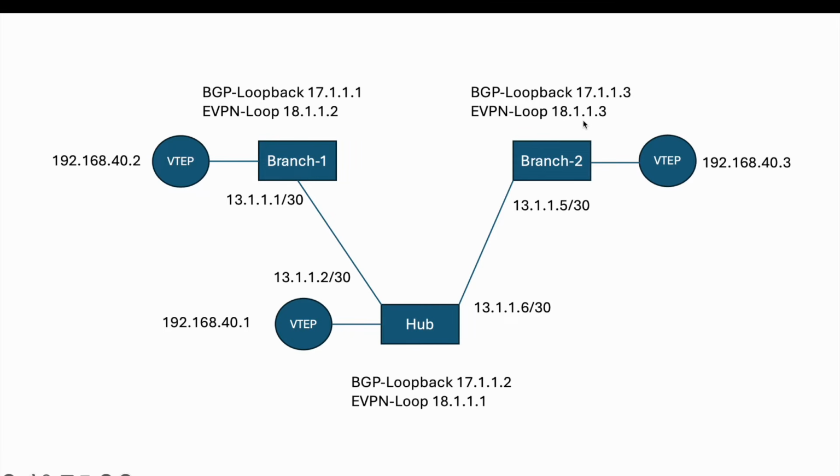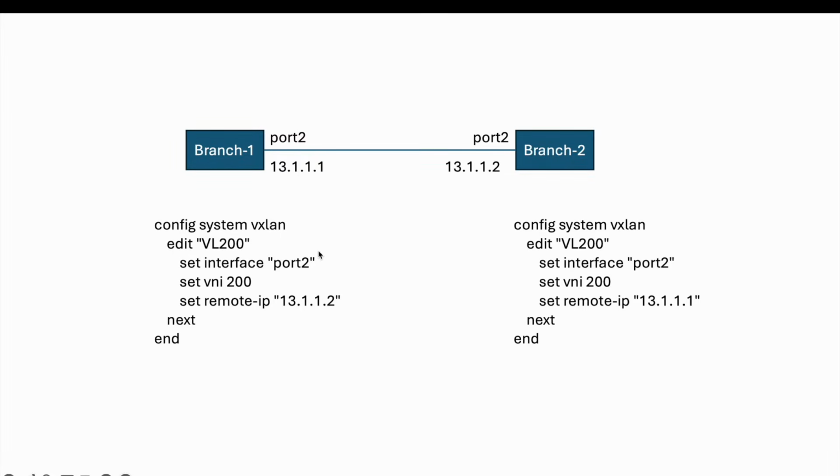So if I was to configure that statically, if we just take a manual approach, which is not scalable, but if you've only got 2 devices and you just want to stitch them up using VXLAN, this is a perfectly valid way of doing it. In a static way, I would typically use my outgoing interface as my source, and then I would use the remote IP address of my neighbor as the destination, right?